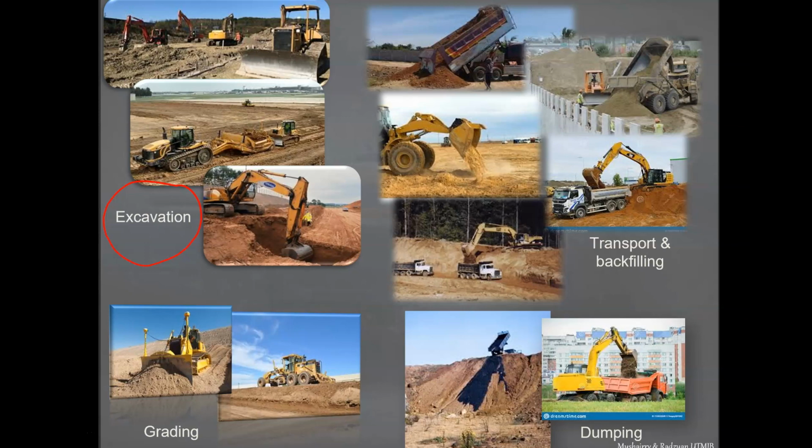Having done that, the soil or the earth will be loaded onto a vehicle or lorries for transportation and sent somewhere for backfilling. And at the site, we will have machines to do some grading to get the proposed level that we require. And whatever material we don't need in the construction will be disposed of somewhere, and there'll be dumping.